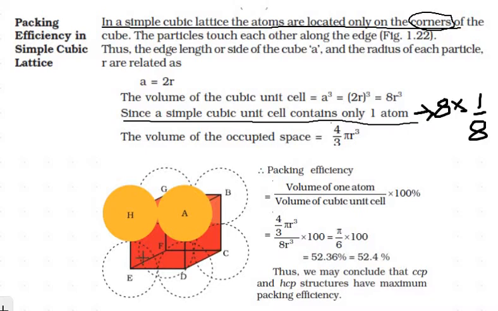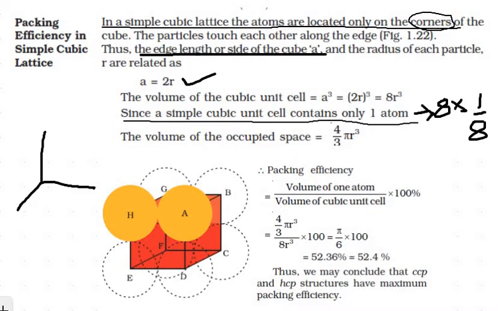Okay, so this cube is having 3 edges like this, and since it is a cube, your length, width and height will be the same. Here 3 edges are mutually perpendicular, and if I write this edge length as small a, it will become 2r.